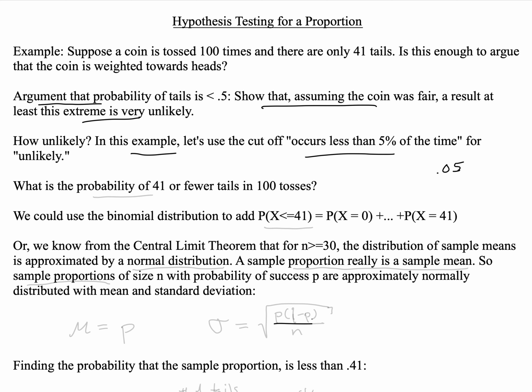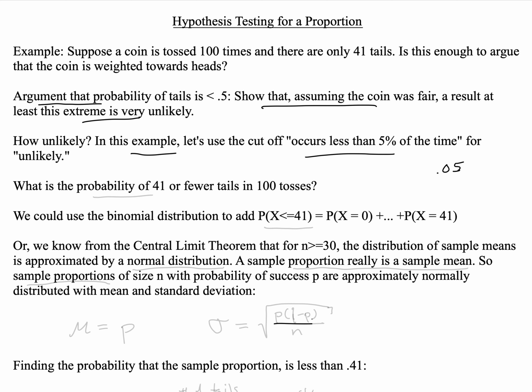So, okay, let's find this probability. What is the probability of 41 or fewer tails in 100 tosses? One way we could do this is use a binomial distribution. This is a classic binomial distribution. Successes and failures, heads and tails. Probability of success in one trial is 0.5.